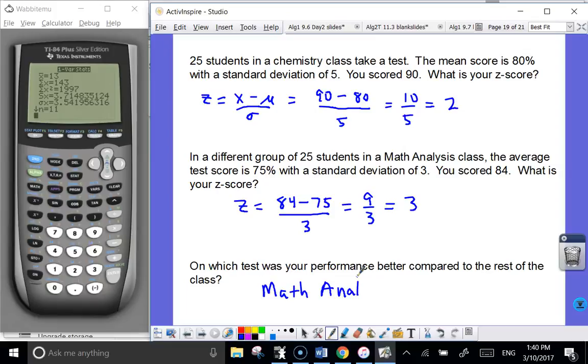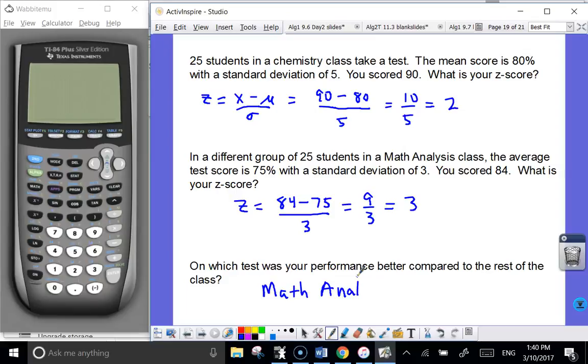For example, in the Olympics, you could have a hurdler who's running, and you want to know whether his performance was better than the shot putter's. By calculating the mean and the standard deviation, you can calculate a z-score and see which performance was further from the mean, more standard deviations from the mean. That's the one you want to go with. Of course, if you're measuring a hurdler running a time, where the best is faster, you want to be below the mean there. If you're a shot putter throwing for distance, you would actually like to be above the mean. So you'd have to take that into account.